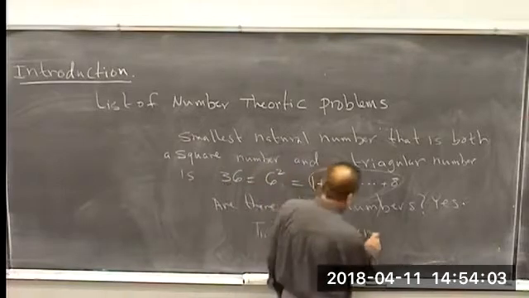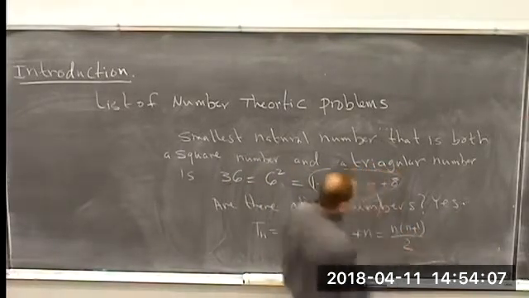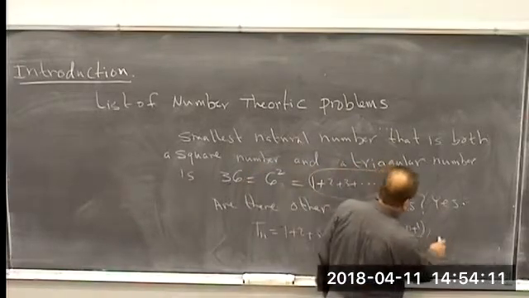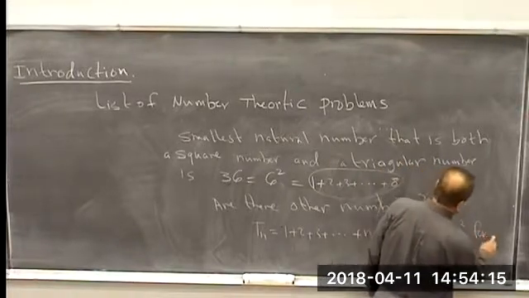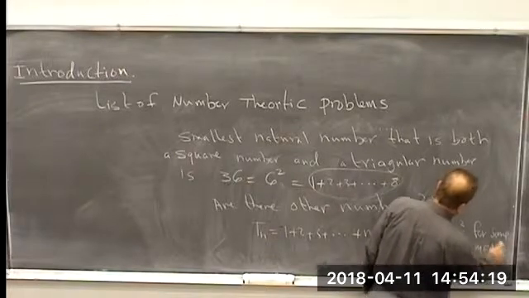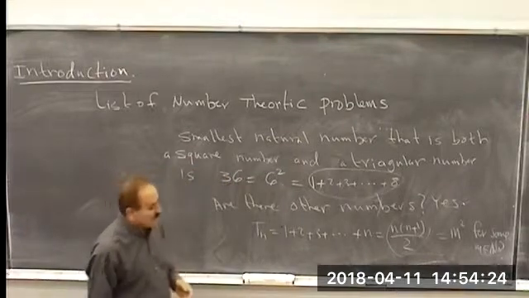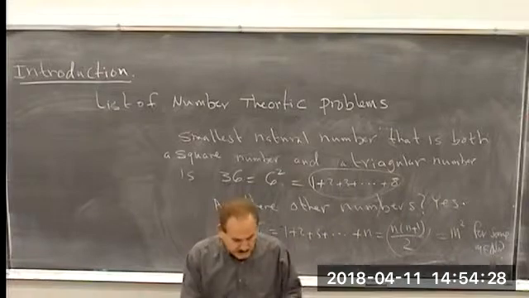And we know this is n(n+1)/2. And the question is, is it possible to have this equal m squared for some natural number m? So this is what answering this question amounts to. All right, let's move on.